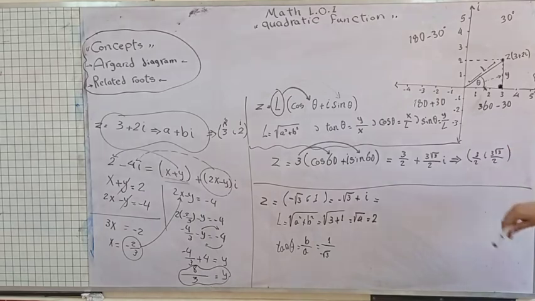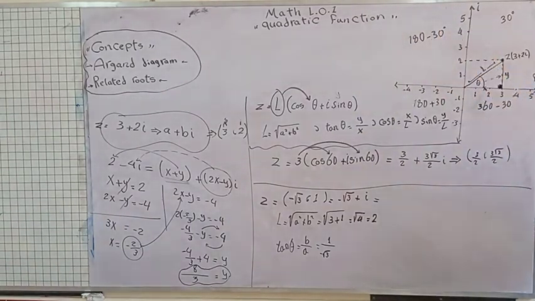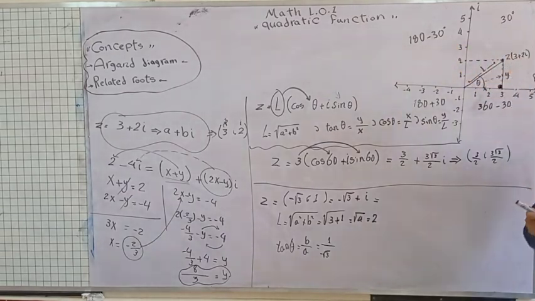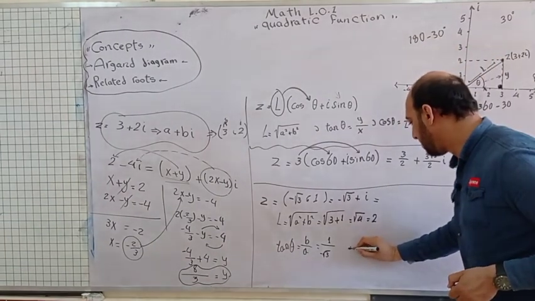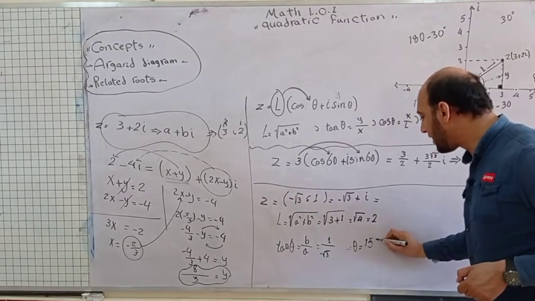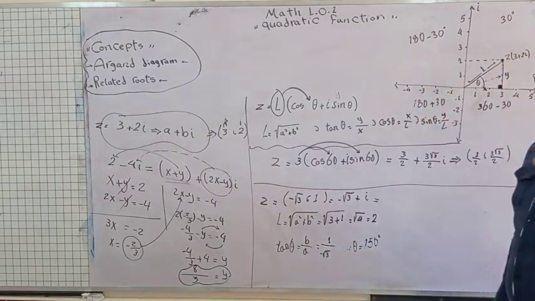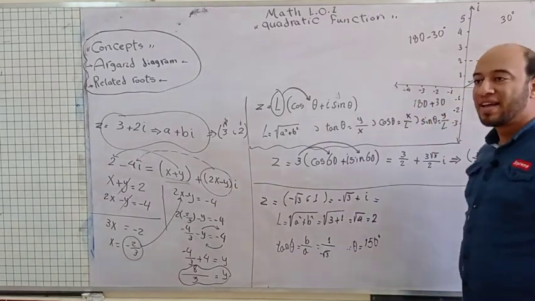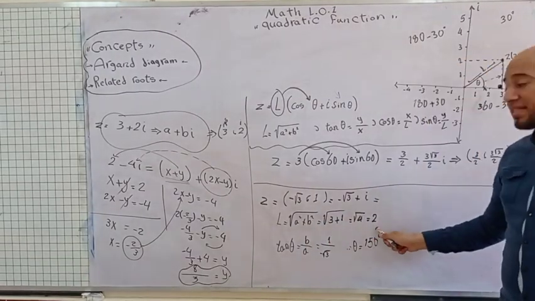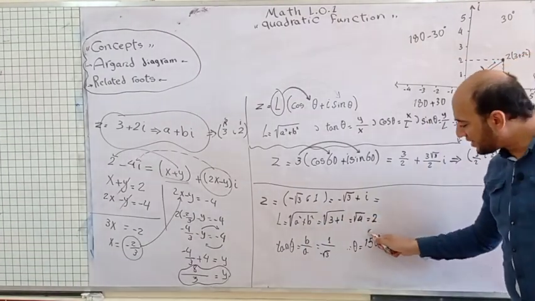These signs inform us that we are in the second quadrant. Then we use this conversion: because we are in the second quadrant, theta is 180 minus 30, then theta is equal to 150. Now we can get the triangular form because we have the modulus and the argument.